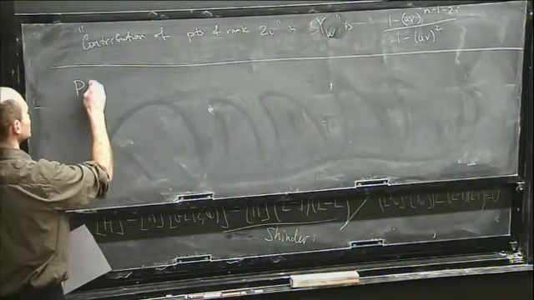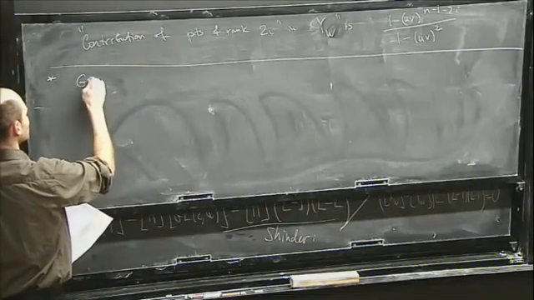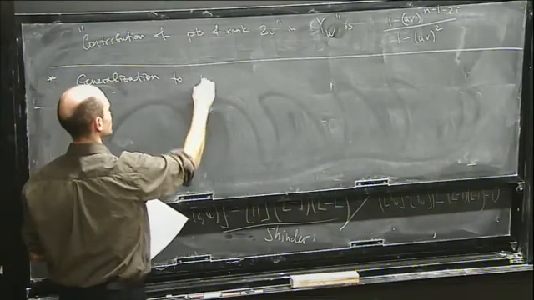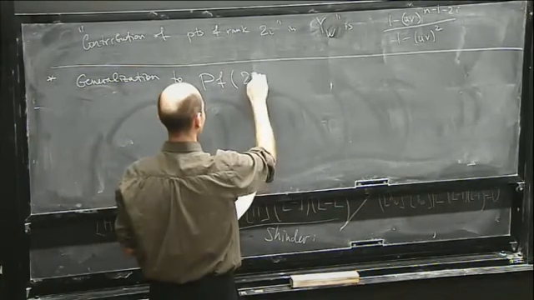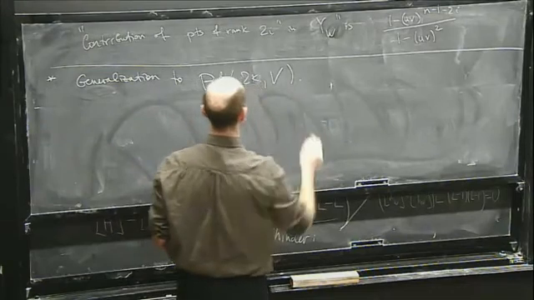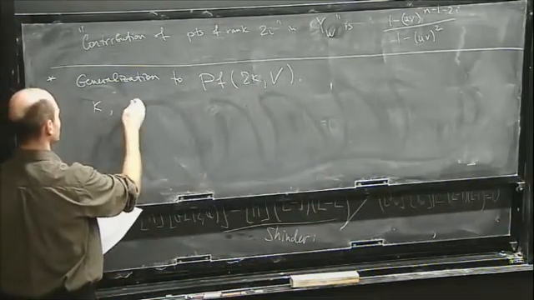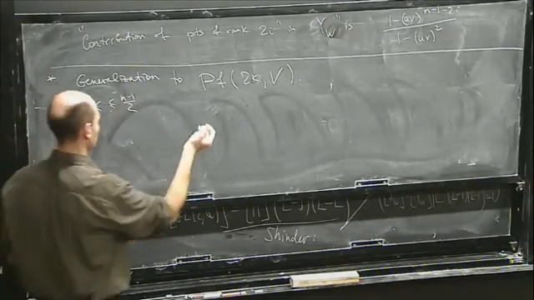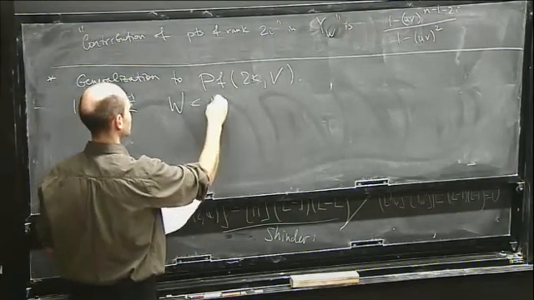But then we started to be interested in this story. So generalization to Pfaffian of 2k V. So now we have k between 1 and (n-1)/2, and we have this W inside wedge 2 V dual.